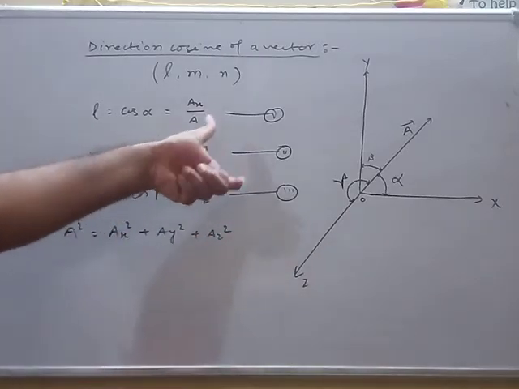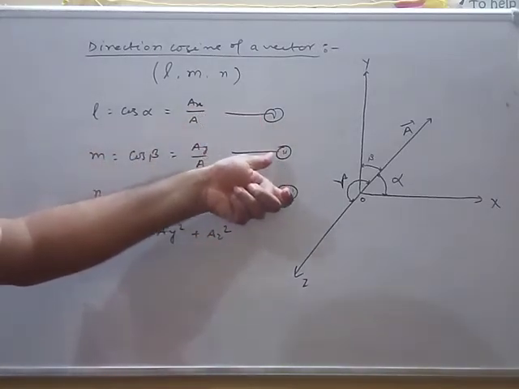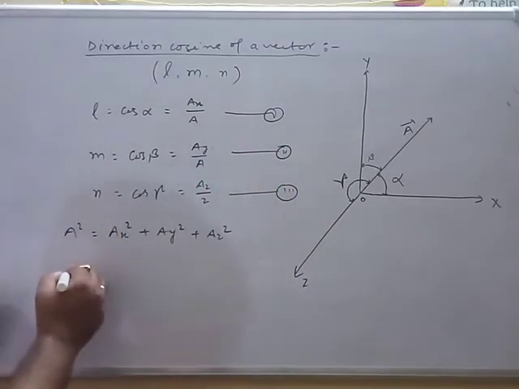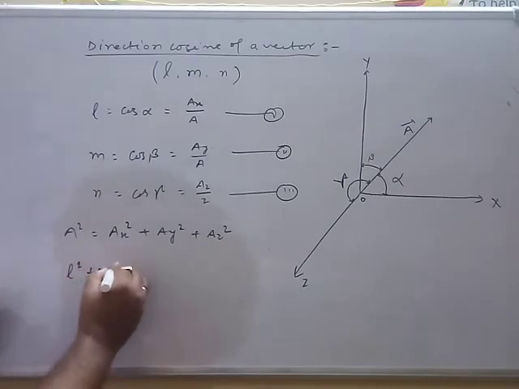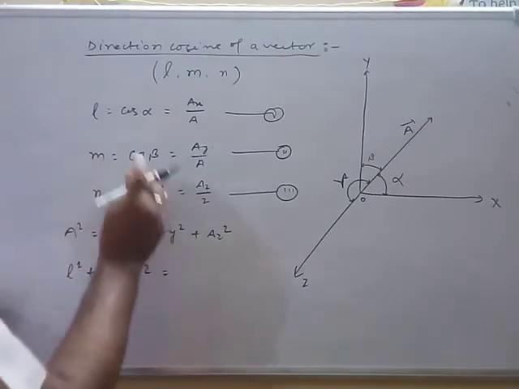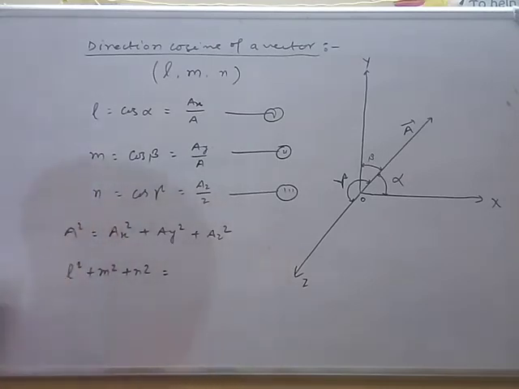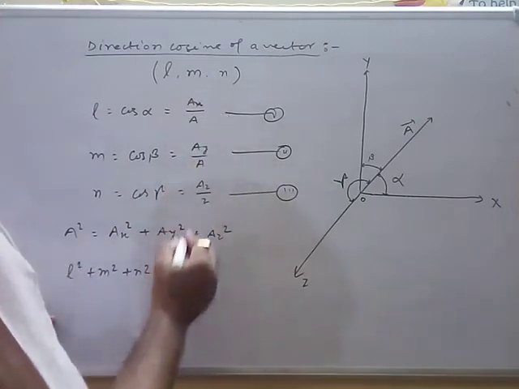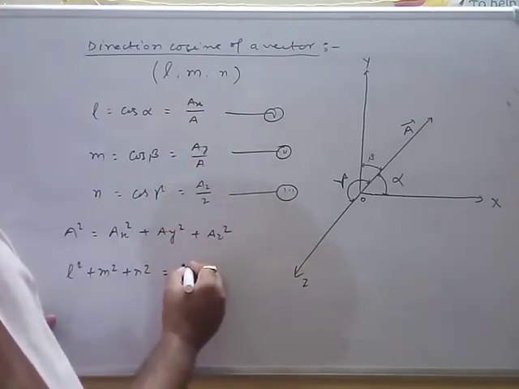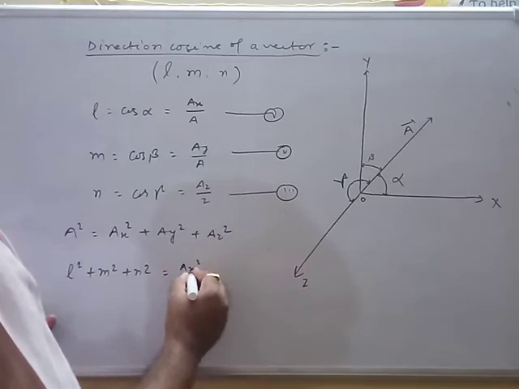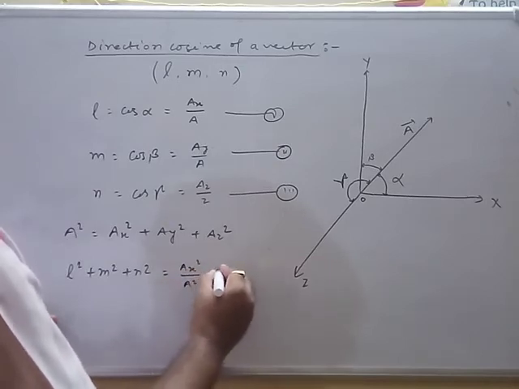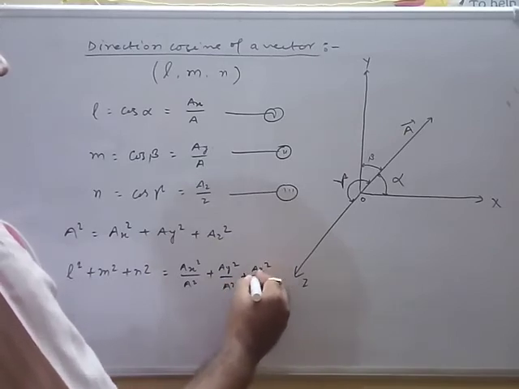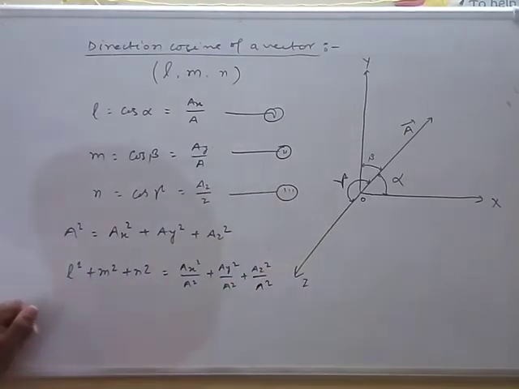Squaring and adding equations 1, 2 and 3, we have l square plus m square plus n square equal to ax square by a square plus ay square by a square plus az square by a square.